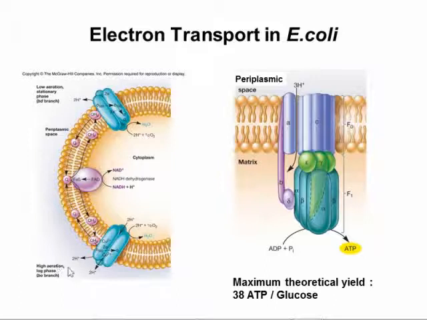Now, if there's not a lot of oxygen around, then the BD branch will be used. So the BD cytochrome oxidase has a much higher affinity for oxygen. So it will function under conditions of low oxygen, but it does not transport protons across the membrane. So that's why these two systems exist in E. coli.